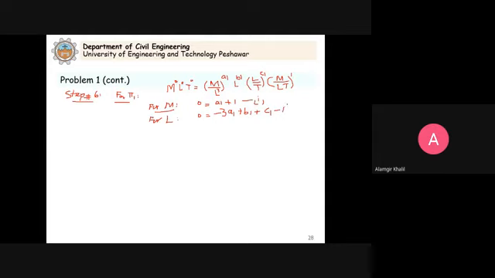Let's say this is equation number 2. And for T, the left side is 0, T here is minus c1 and T here is minus 1. Let's say this is equation number 3.